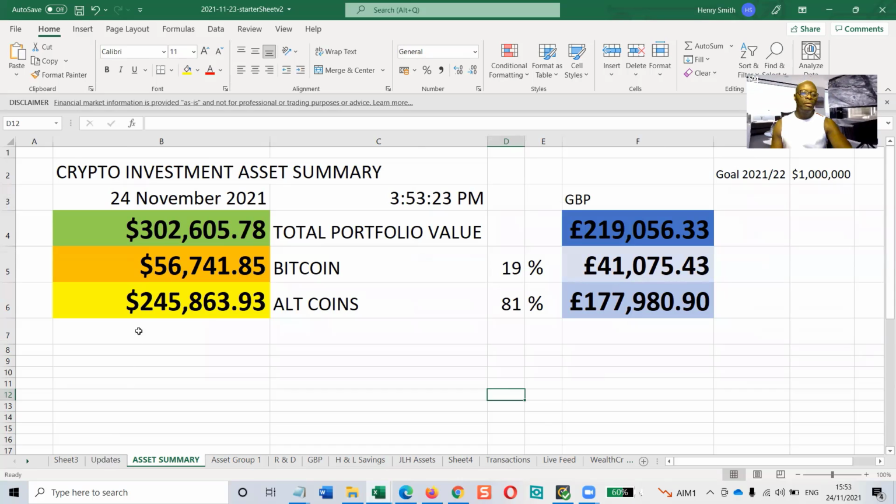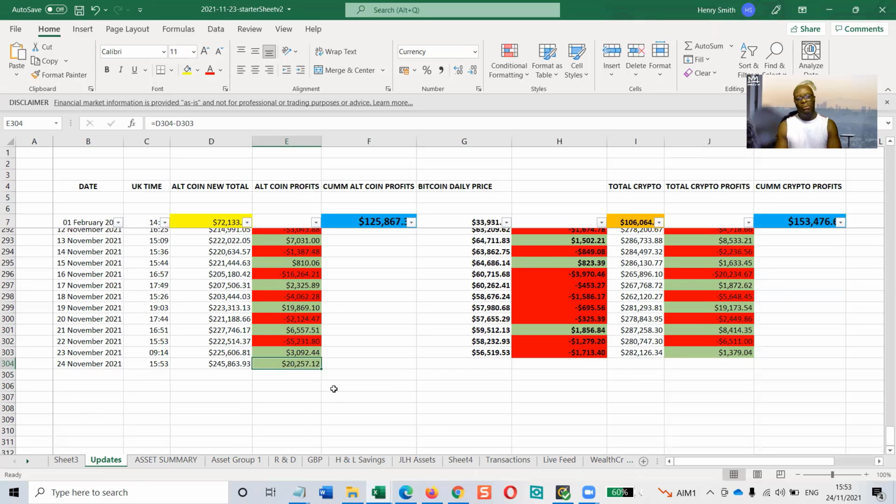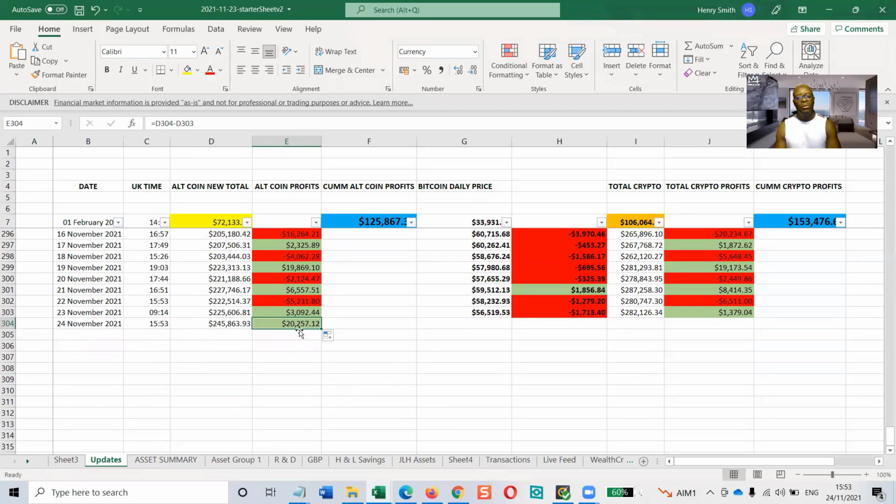The next figure I want, just do this total. Bring this down here. This is a 20,000 jump, so no wonder they're leaving Bitcoin behind. A 20,257 jump in the last 24 hours.